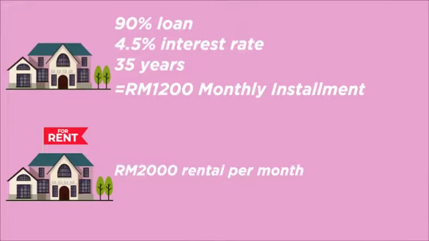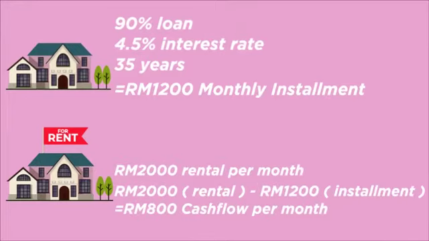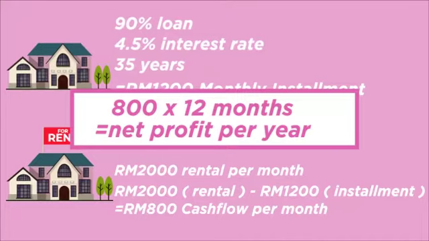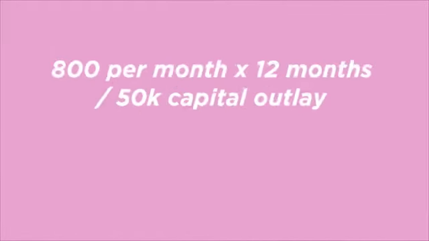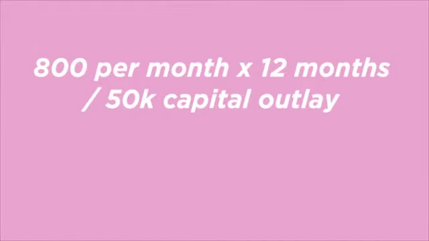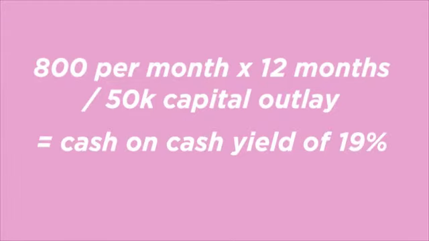So my net profit here would be 2,000 monthly rental minus 1,200 monthly installment, and that gives me a cash flow of 800 per month. So 800 per month times 12 months gives me the net profit per year, right? And if I do the math, 800 times 12 divided by 50,000 capital outlay, I'll get a cash on cash yield of 19%.